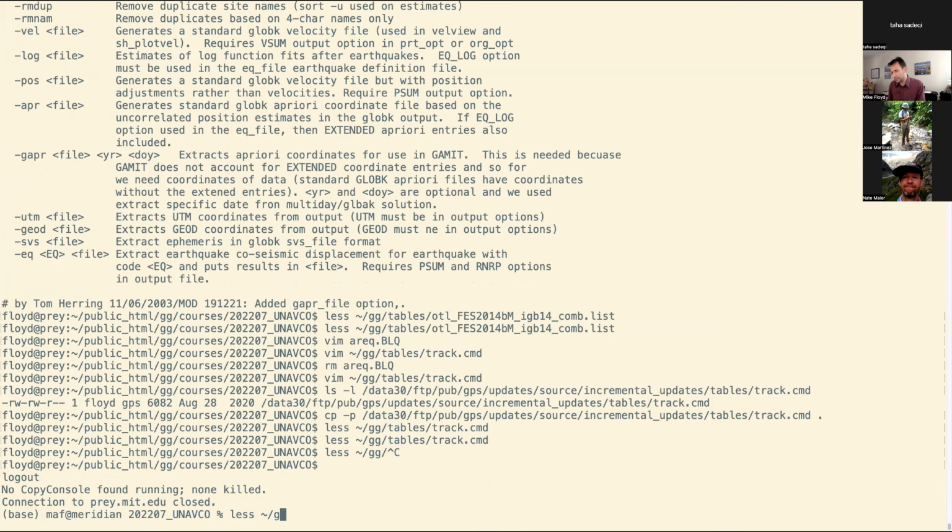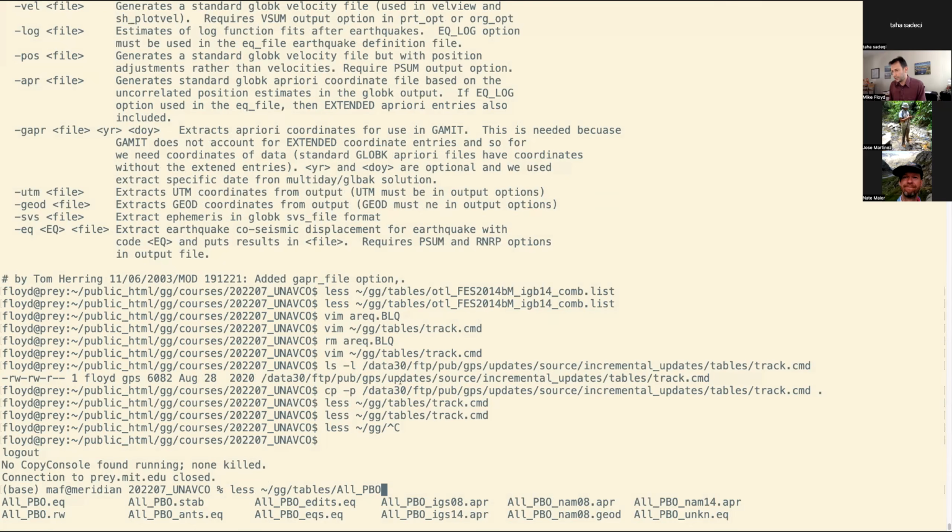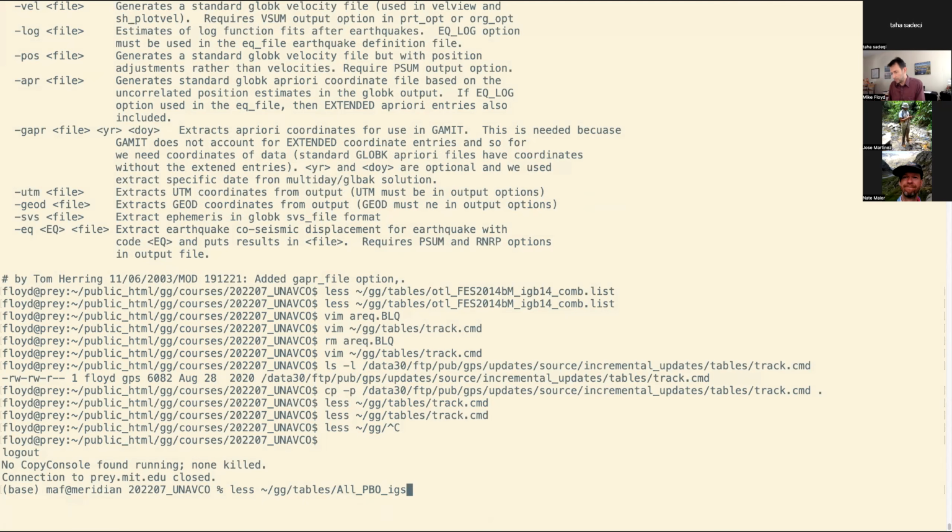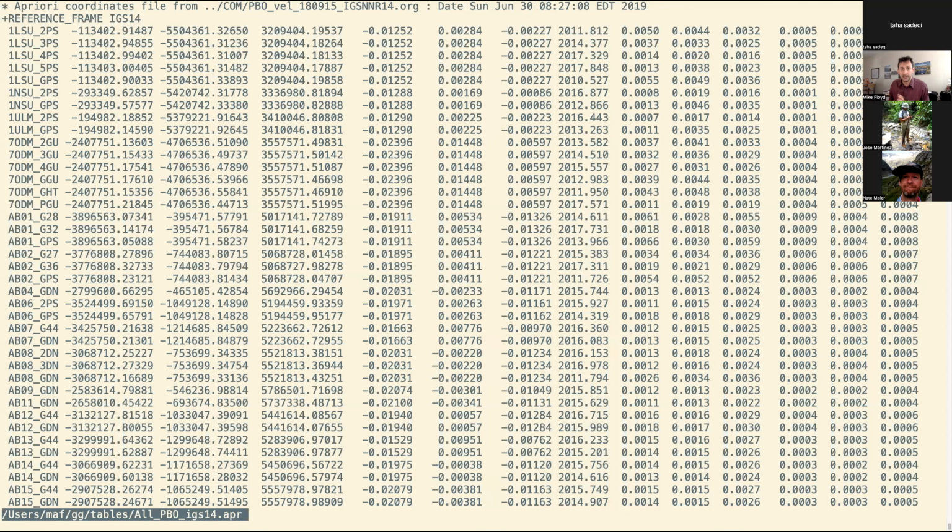Oh, no, let's see. Yeah, so we do actually have a set of files in GG tables that are PBO files, and we can just use the igs14.apr file, and this actually has the coordinates for all of those GAGE sites in it.